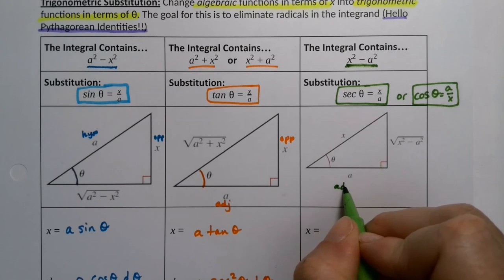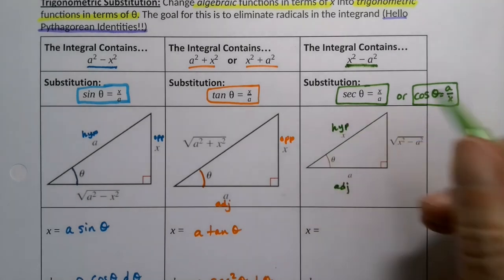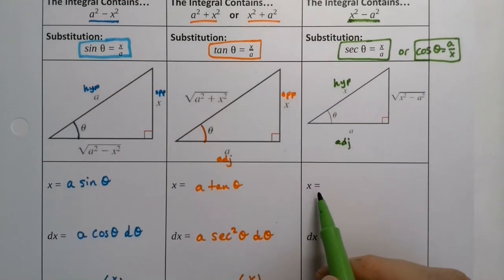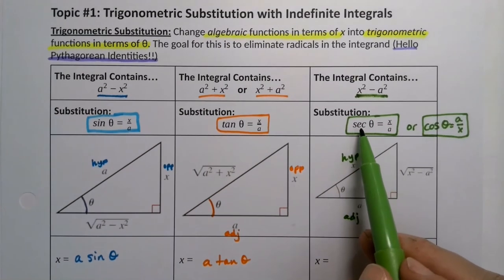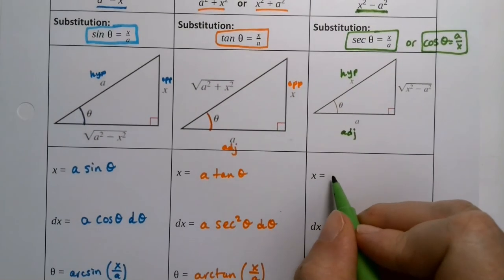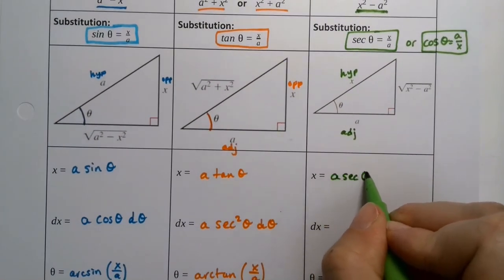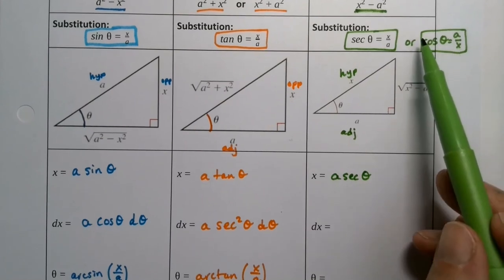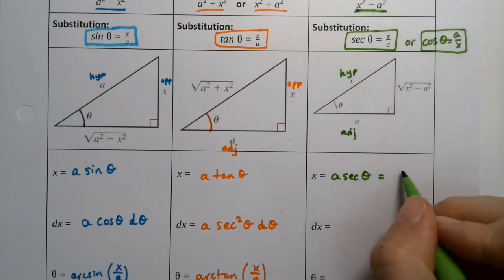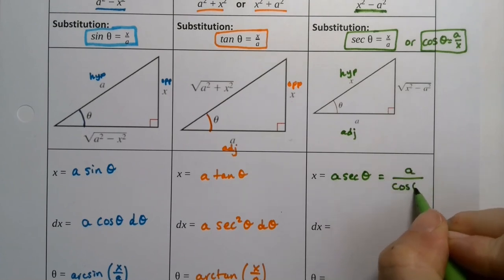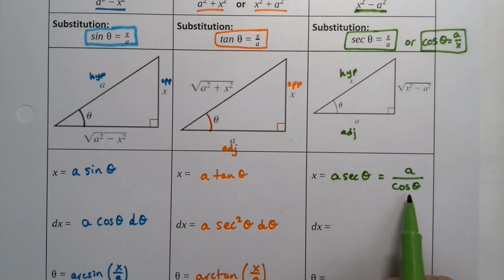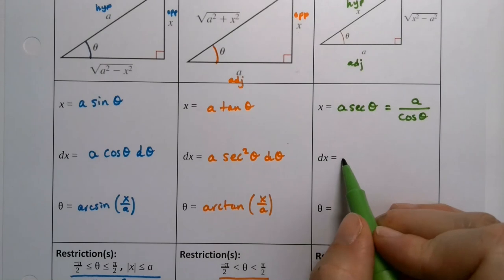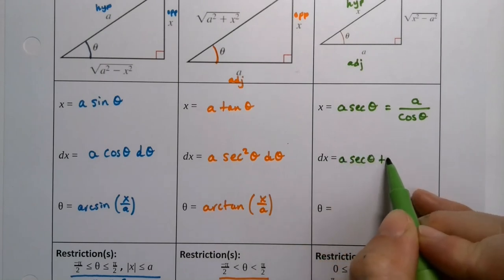So here's the adjacent, here's the hypotenuse. And you can build it from either way that you want to think about it. All right, so if secant of theta is equal to x over a, then x is equal to a secant of theta. Or if you want to use this version, you multiply by x, you divide by cosine, and you'd have x equals a divided by the cosine of theta, because of course secant is 1 over cosine. dx is the derivative of secant, which is a secant theta tangent theta.